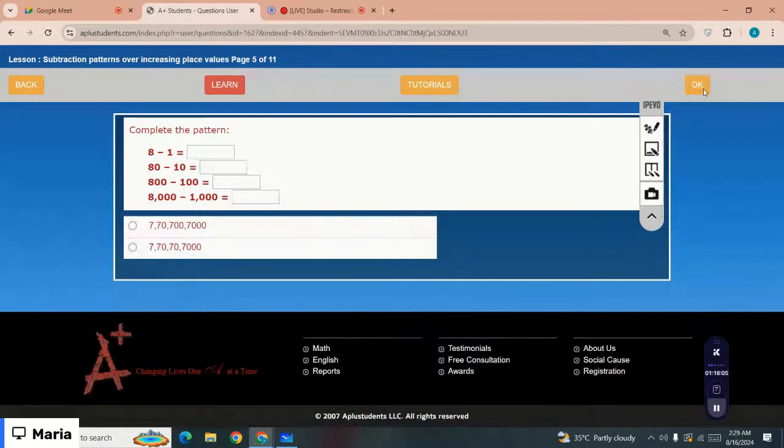Complete the pattern. 8 take away 1, 80 take away 10, 800 take away 100, and 8000 take away 1000. So which is the correct option?